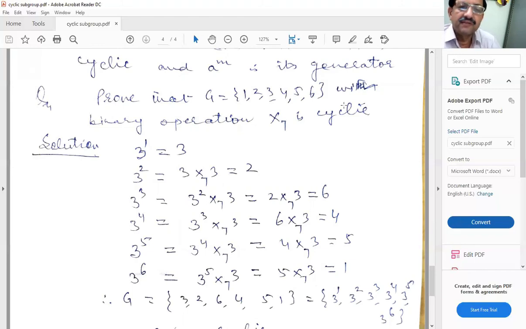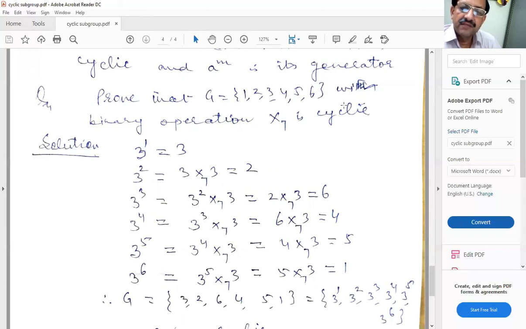Now 3 raised to power 4 is equal to 3 raised to power 3 cross 3 divided by 7. 3 raised to power 3 value is 6.